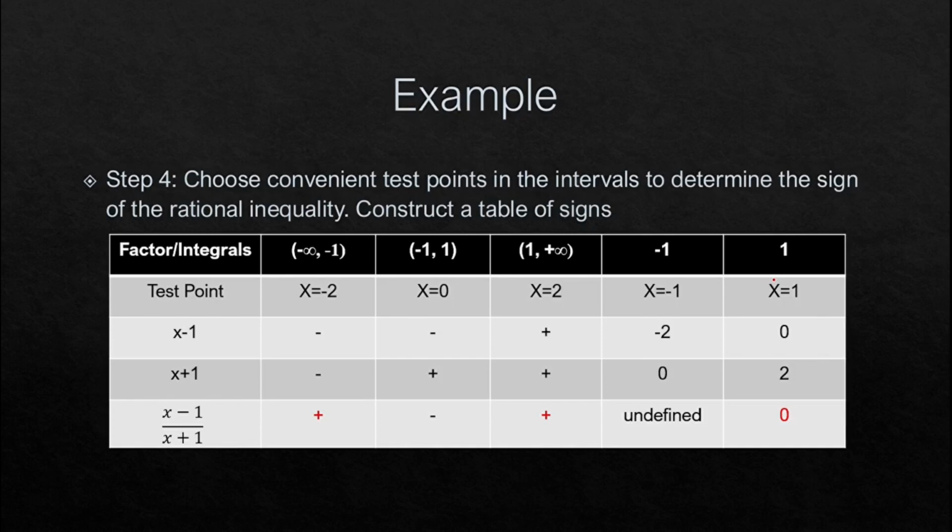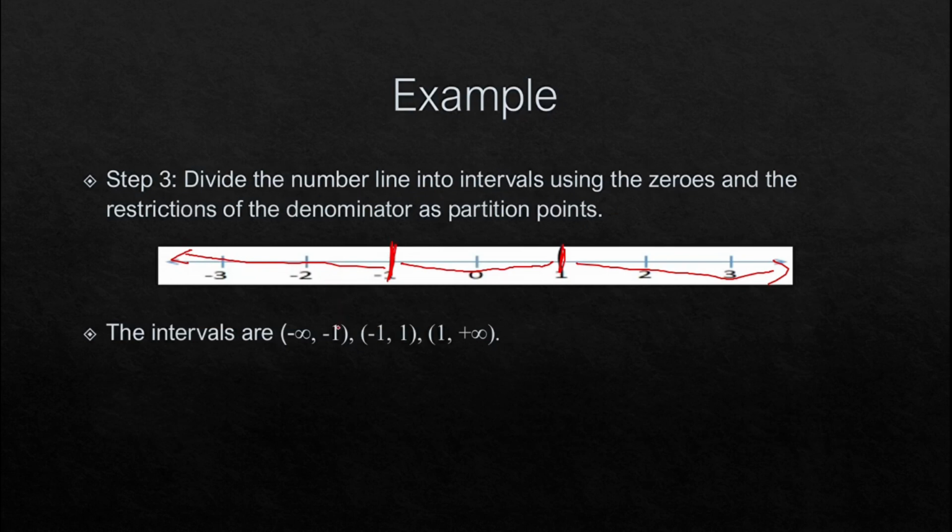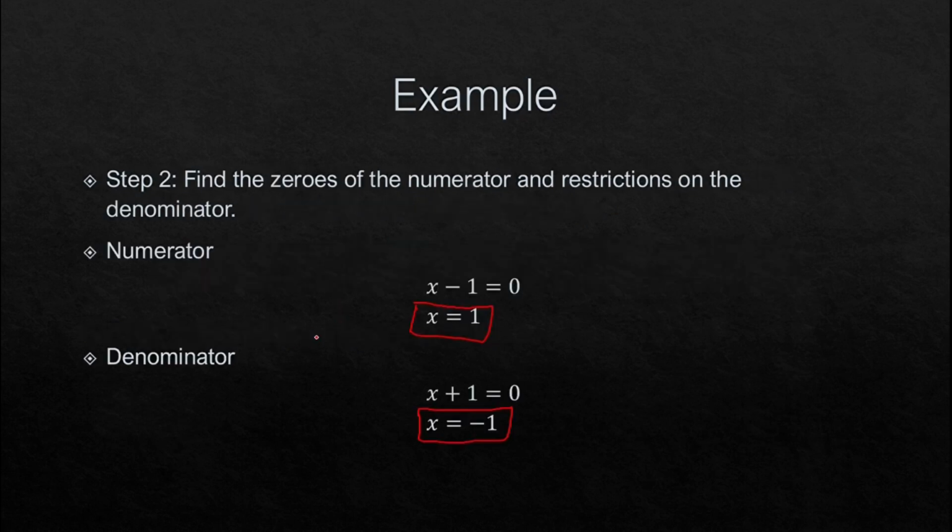Step 4. Choose convenient test points in the intervals to determine the sign of the rational inequality. Construct a table of signs. Last year kasi na witness ko na marami nakakalito in this part. So, remember nyo, ang intervals, pati ang mga zeros.